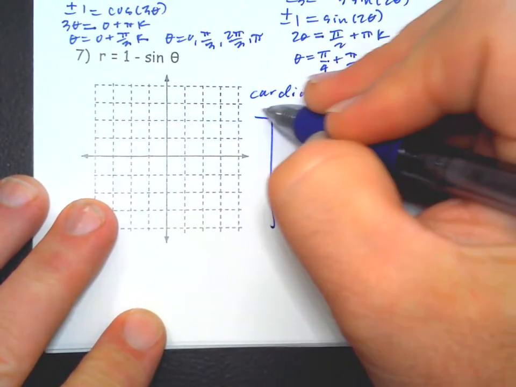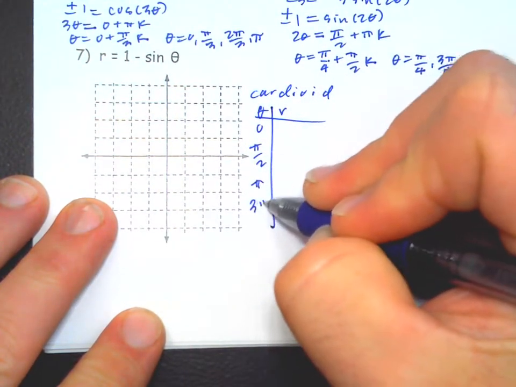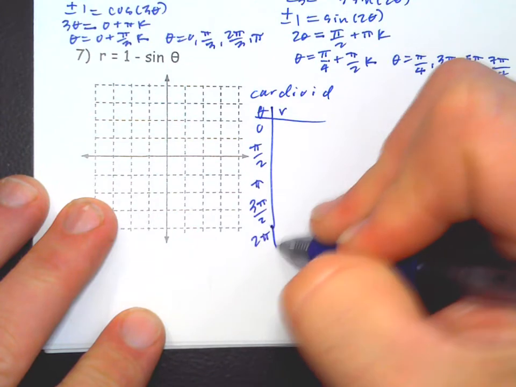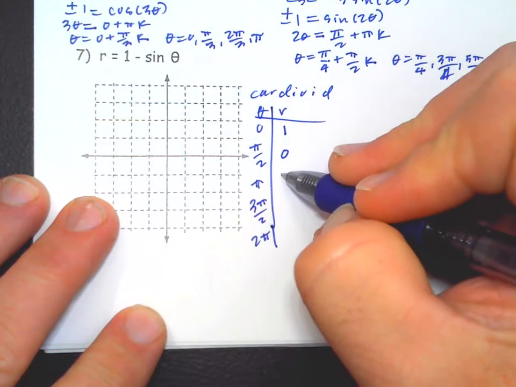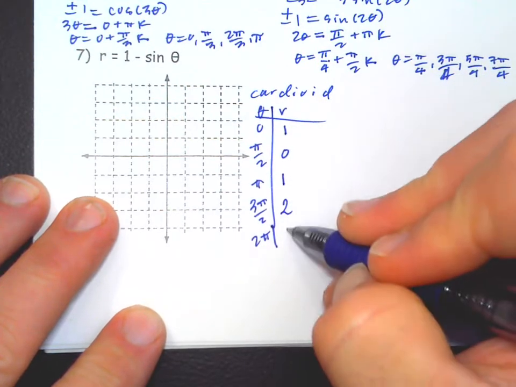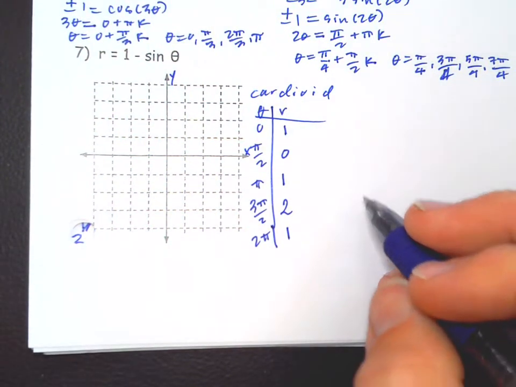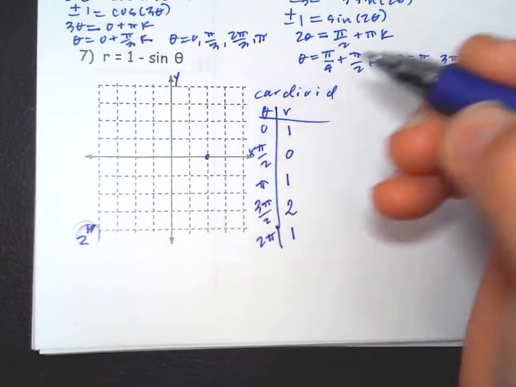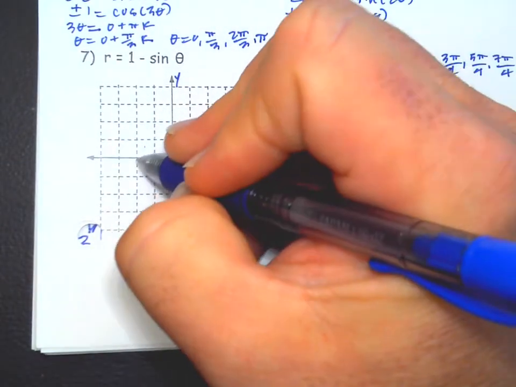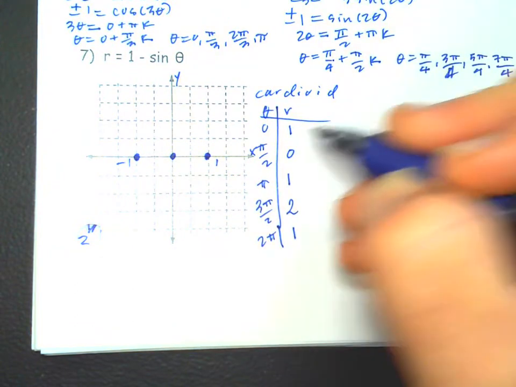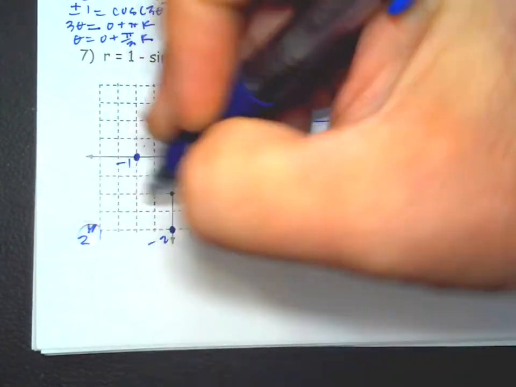So it's a table. And so 0 is going to be 1, 0, 1, 2, 1. So I'm going to put 1 here, 0, pi facing over here, -1. 3 pi over 2 facing down to here, which is going to be at -2.